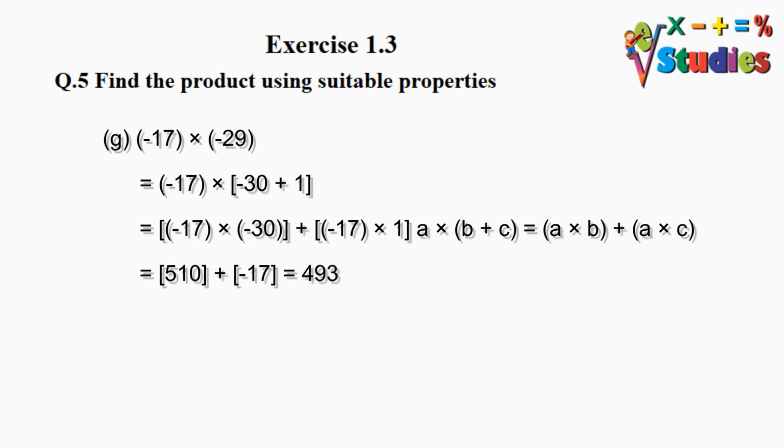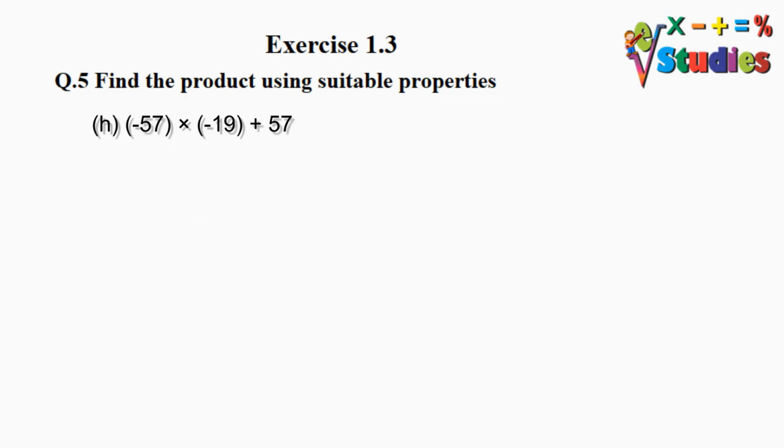So when we multiplied negative 17 with negative 30, we would get answer 510. Then multiplying negative 17 with positive 1 would give us negative 17. Now we have got positive 510 and negative 17. So we need to perform subtraction on them, and the answer we would get would be 493 positive.